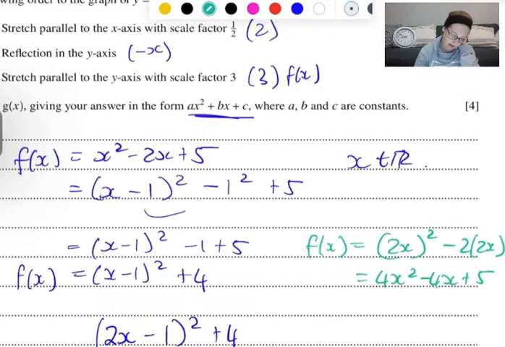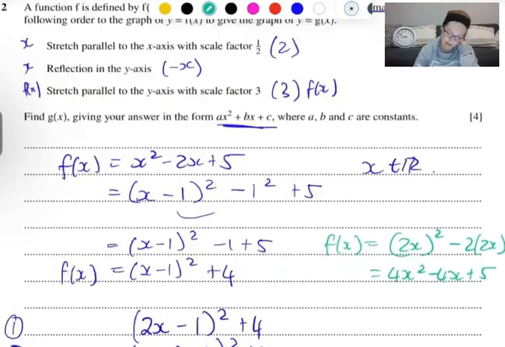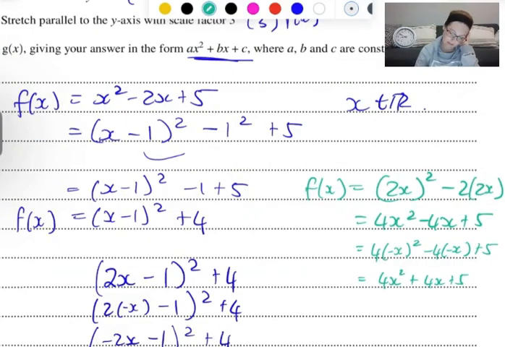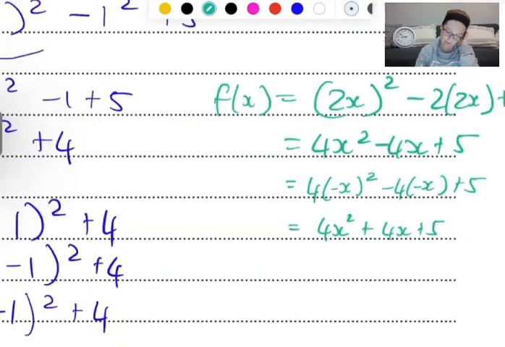All right, and then all of my x's become negative. So 4 times minus x squared. This actually also works. So my minus actually falls away. Okay, and then now I'm taking the entire function and I'm stretching it by 3.